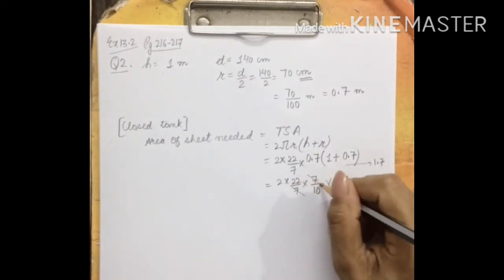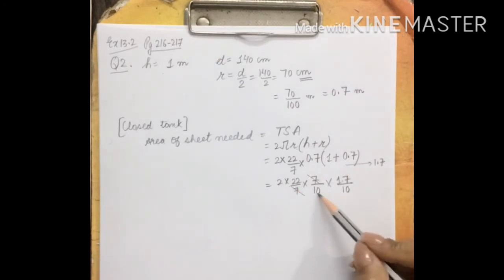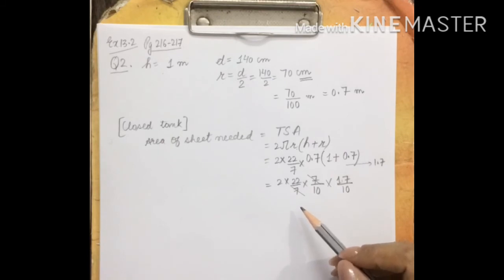Simplifying. Now you must be tempted to cancel 2 and 10. But what I'm going to suggest is, whenever you have 10, 100, 1000 in the denominator, do not cancel them till you are sure that they will be completely cancelled and you will be left with factor 1 in their place.